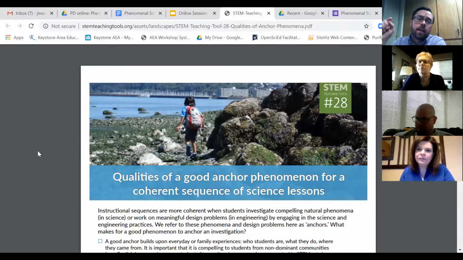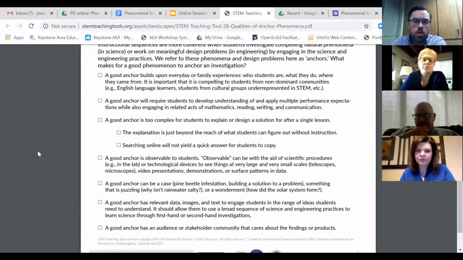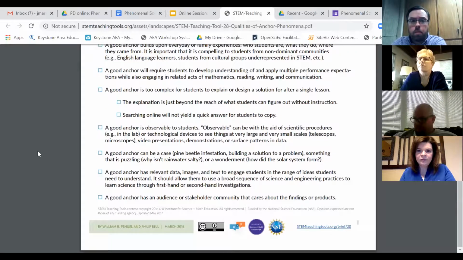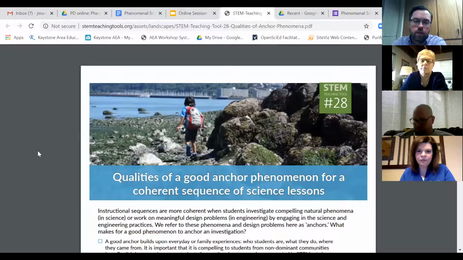In fact, on one of the tabs on the spreadsheet that you used to sign up for this session, there's an entire self-paced learning section, and the STEM teaching tool PD playlists are a part of that. So if you're looking for additional resources for your own professional learning, check out those PD playlists linked on the self-paced learning tab in the spreadsheet.